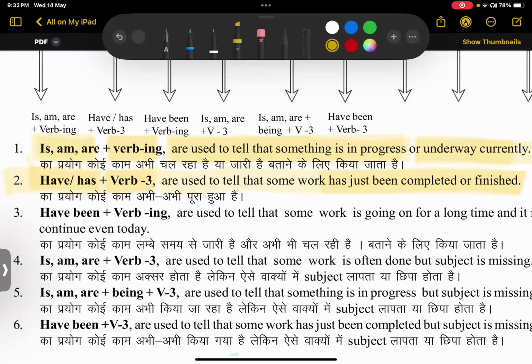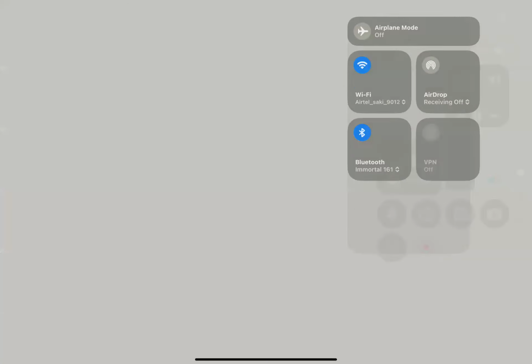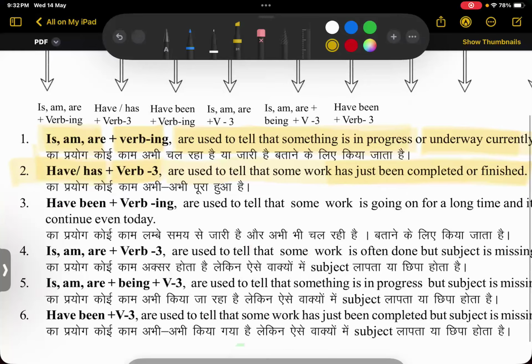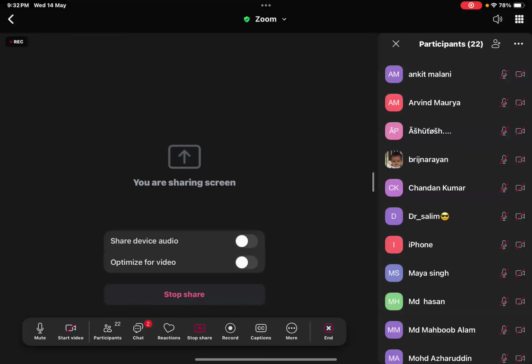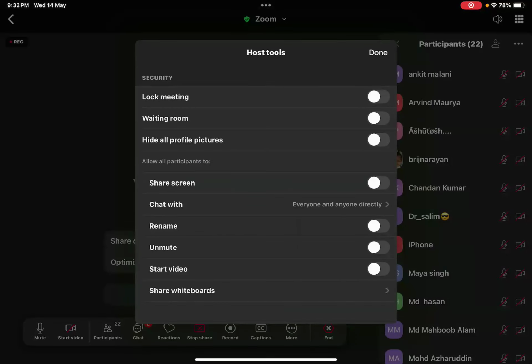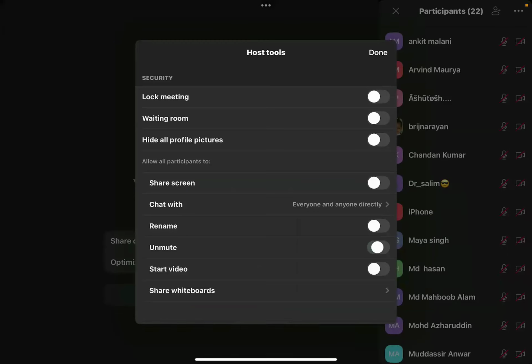Now it is time for conversation, and today we are going to have a discussion on a topic. Today's topic is what life is better. There are many people who are in confusion about whether the life of the city is better or the life of the village.